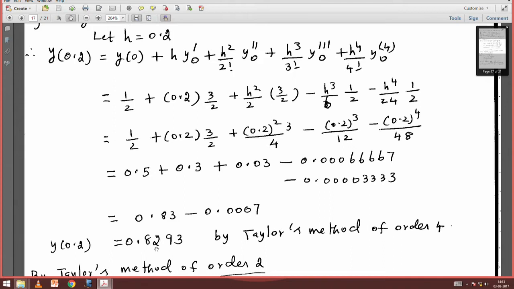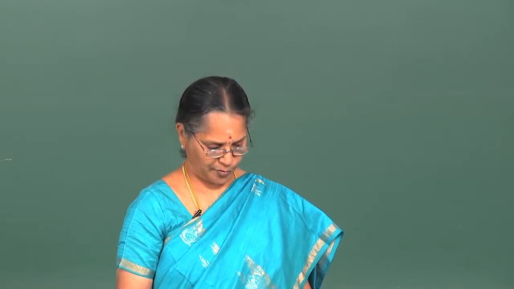So, we have a new initial value problem. We would like to march one step ahead. Since h is 0.2, we will compute the solution at x is equal to 0.4 and obtain y at 0.4.